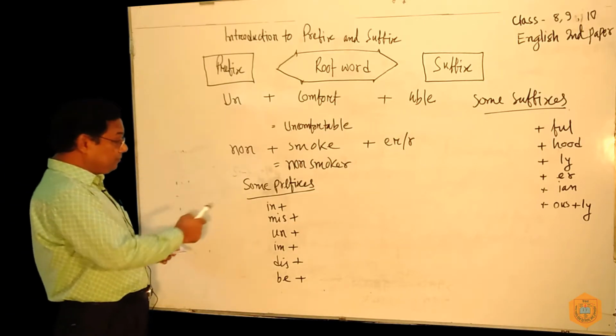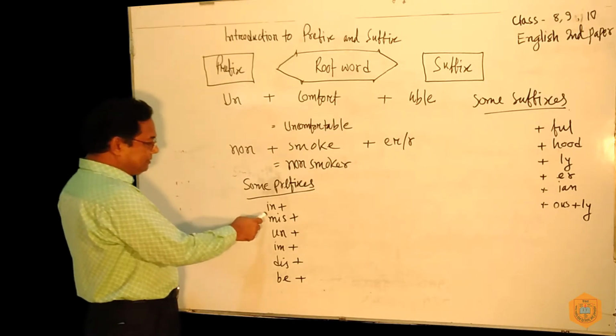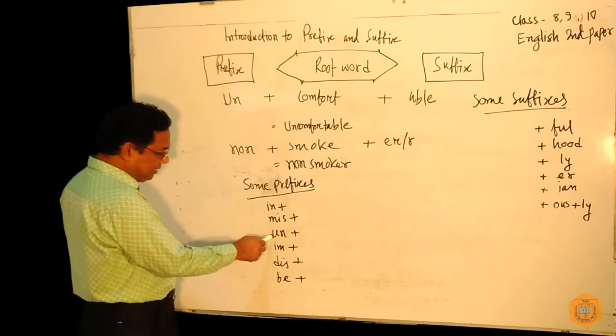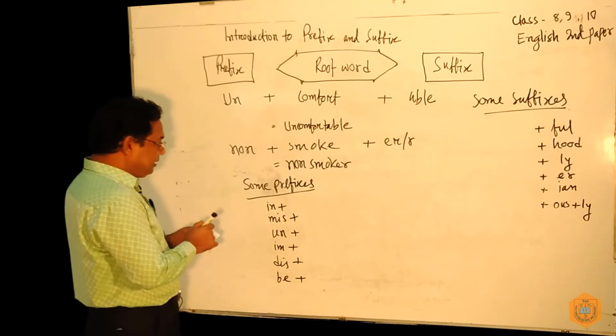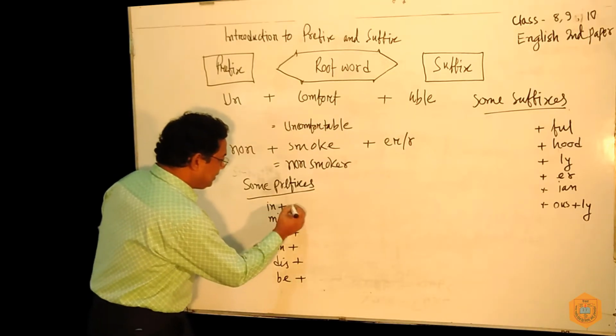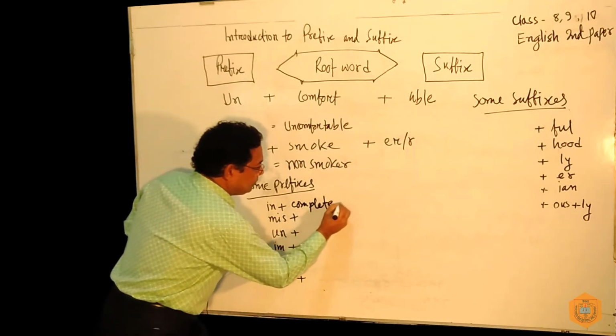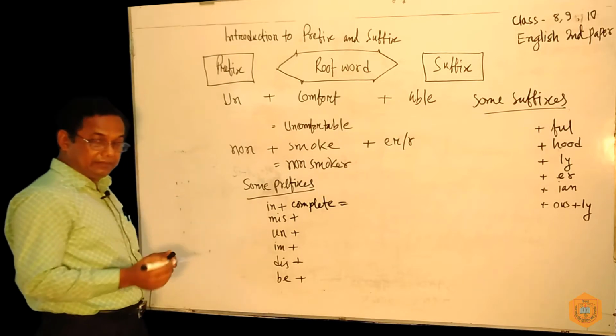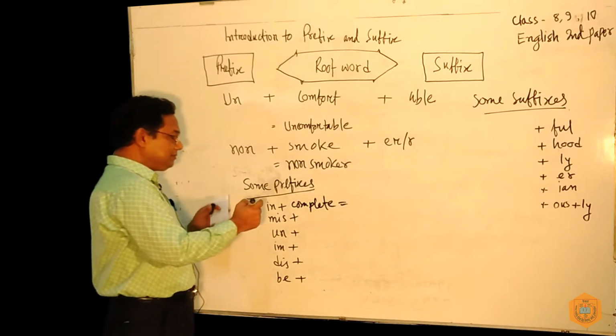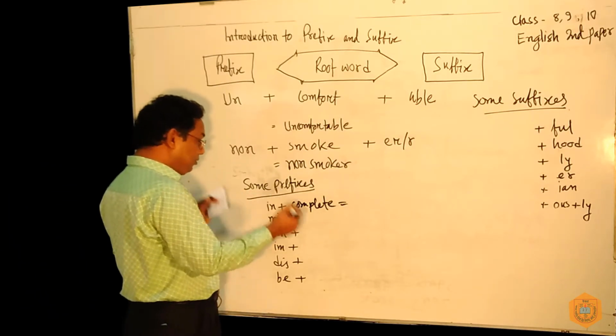Just follow here, like in, mis, un, etc. If we write in plus complete, we can say incomplete. Here it is a new word, incomplete.